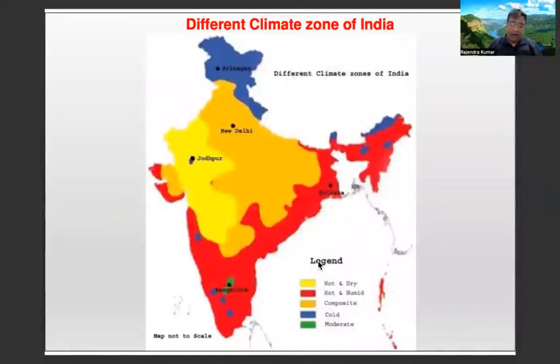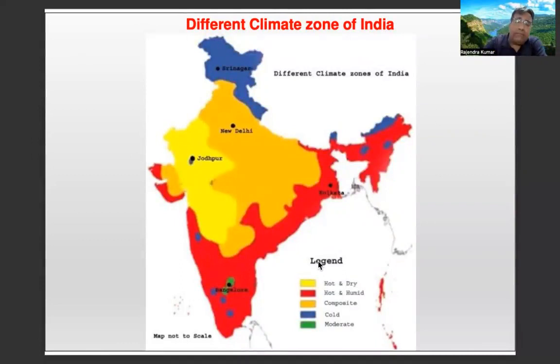So this is the map of India. Here you can see how the different climate zones of India are available in many parts of India.